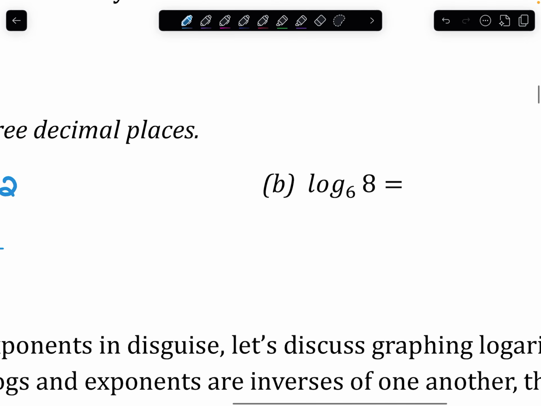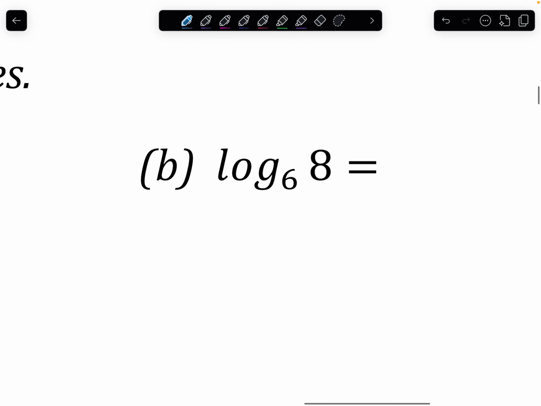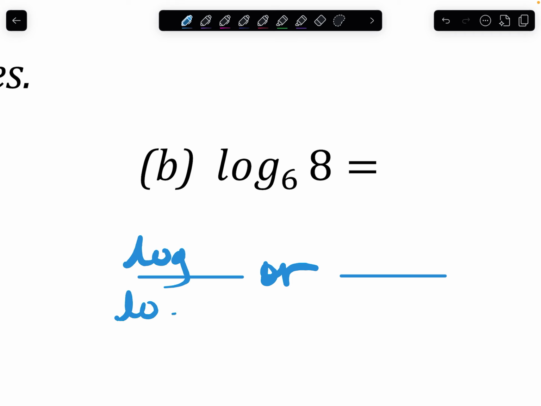All right, B, log base 6 of 8. Same thing. Common log base 10 or natural log base E, it does not matter. So we would do log over log, or we would do ln over ln. Once again, the 8 is inside, so it's going up.